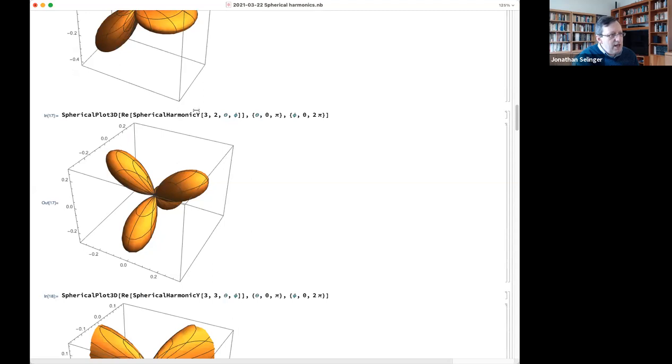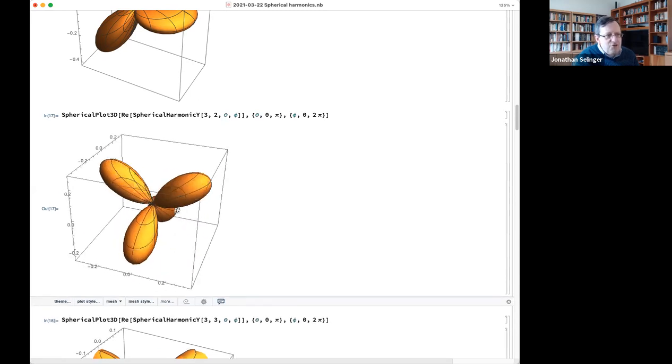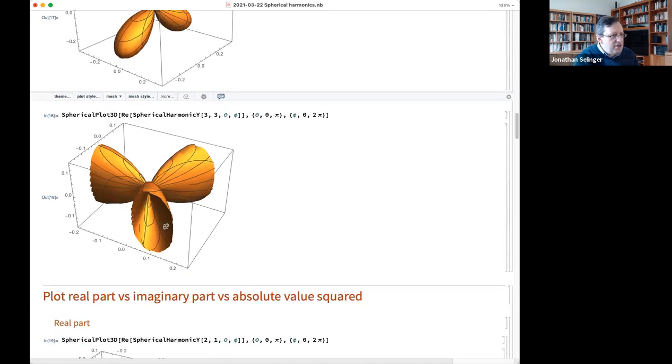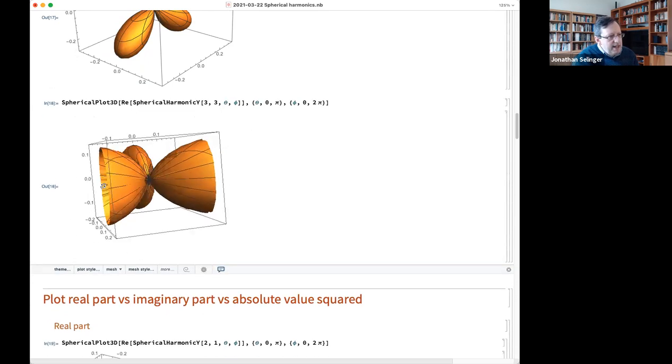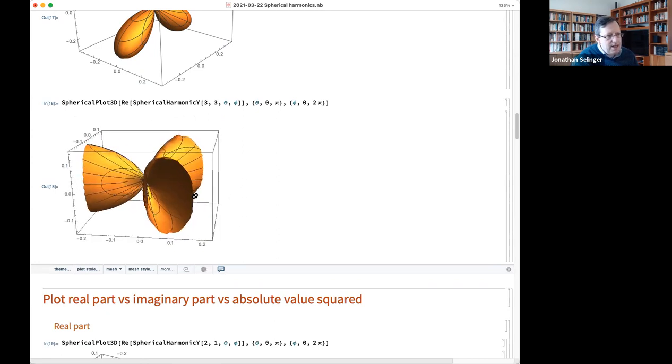Here is L equals 3, M equals 2, which is more like a tetrahedron. Here is L equals 3, M equals 3, and it has this threefold symmetry in the XY plane.